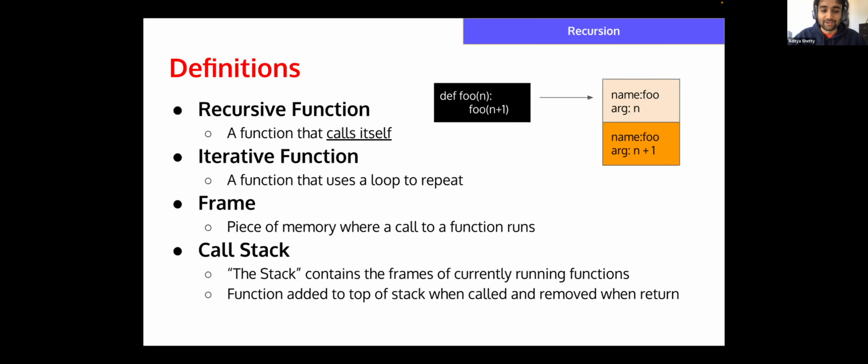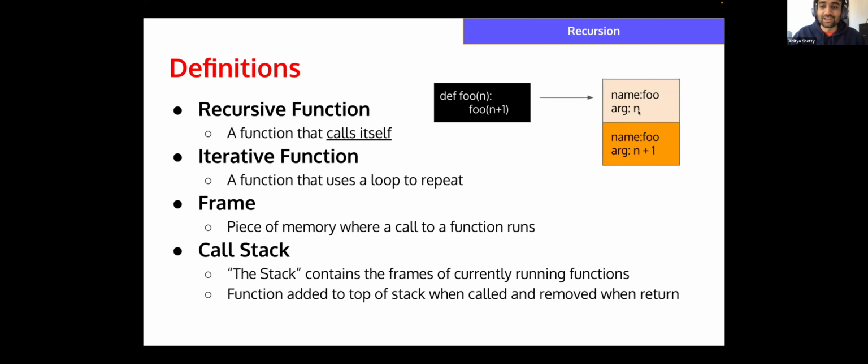So the way you can think about it is your operating system creates a stack data structure, and whenever you call a function, it will add that function's frame onto the top of the stack, and when that function returns, it's removed. So the operating system is doing with functions what you might do with integers or any other value that you would put onto a local stack data structure.